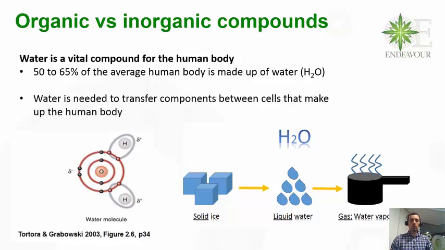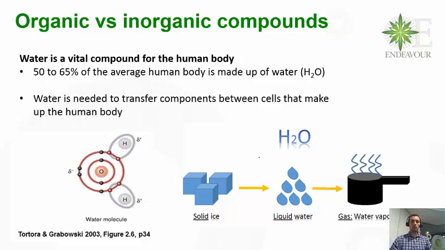So as well as our body being made up of mostly water, a large part of the cells actually have water in them as well. So this water actually allows things to be transferred in and out of cells as the water moves. So it's vital that we're not dehydrated and able to take in enough water to sustain all these processes.